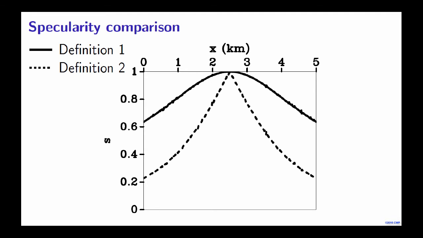So we see that the reflection contribution is from somewhere between 2 to 3 km, but it still has specularity values less than 1. Another important thing to notice is that the rate at which these specularity values are changing is different.